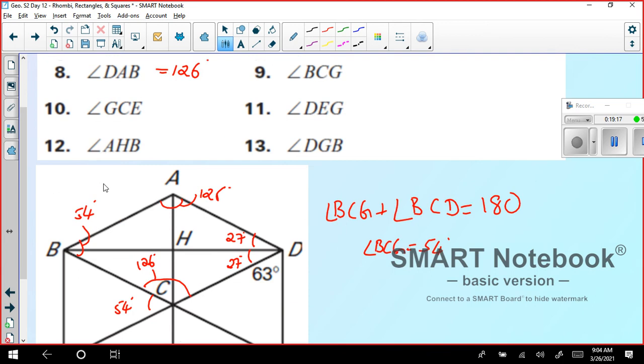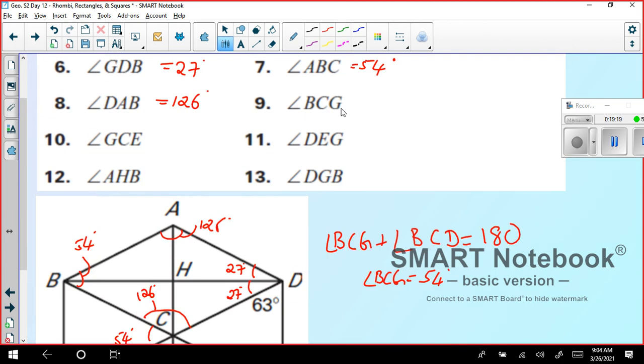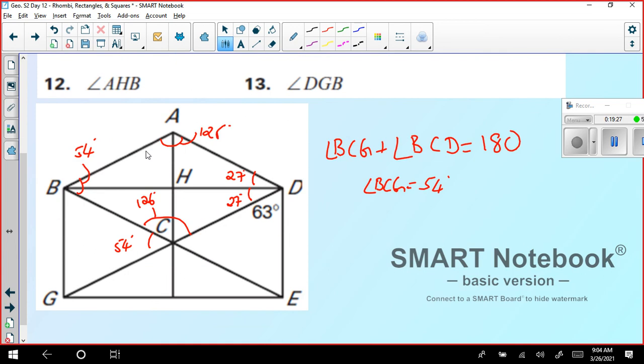Next, angle GCE. Opposite vertical angles are congruent, right? BCD is 126, so GCE is also 126.